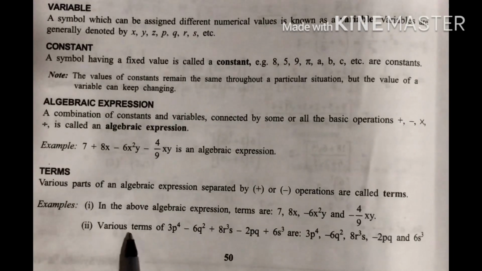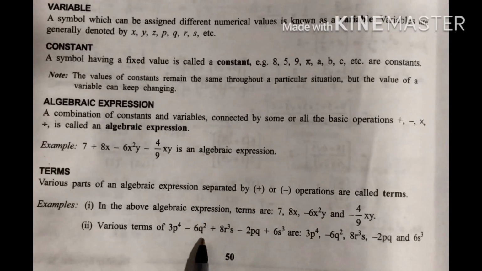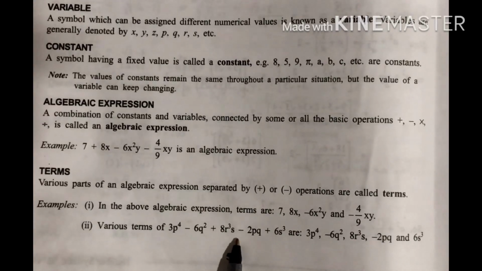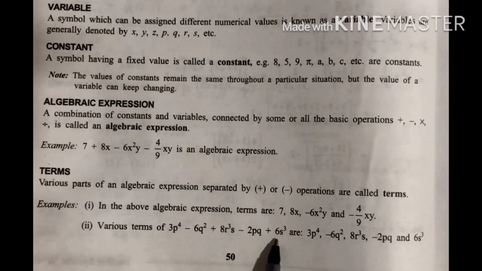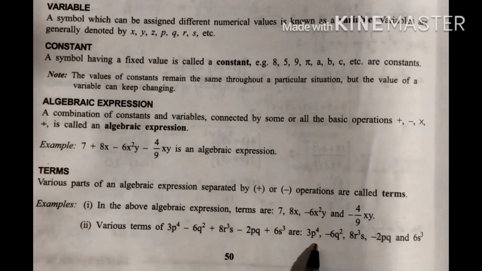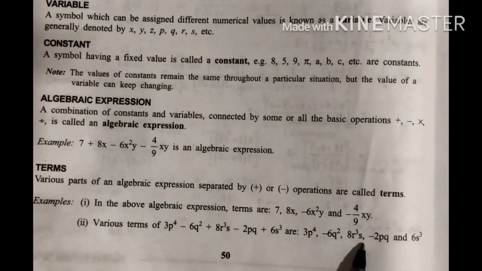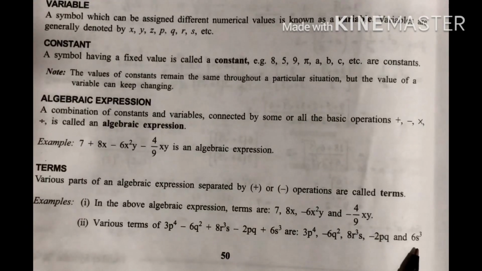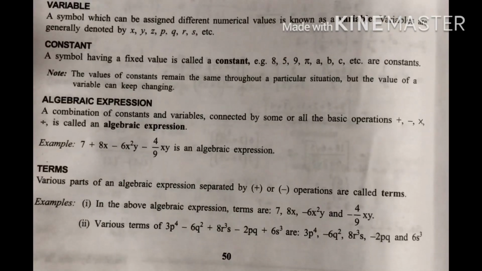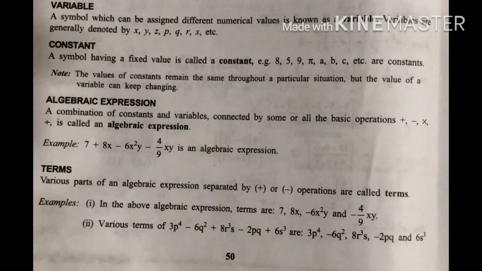Second, various terms of 3p⁴ - 6q² + 8r³s - 2pq + 6s³ are 3p⁴, -6q², 8r³s, -2pq and 6s³. This way we define terms.